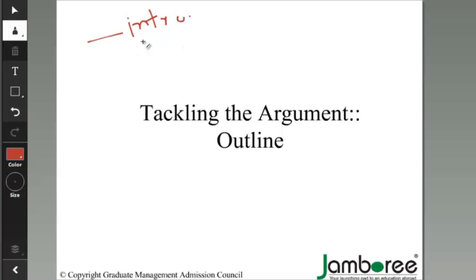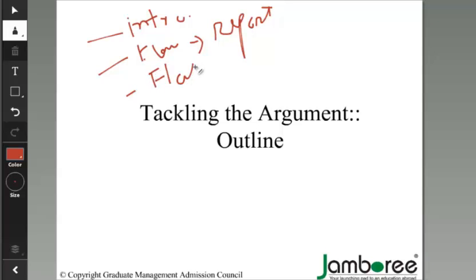Then write flaw 1 here, briefly. Let's say maybe you spotted a faulty report, that can be flaw 1. In flaw 2, maybe you found a wrong comparison, so write that, wrong comparison.